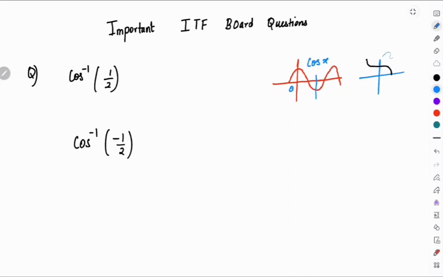Here the y coordinate is pi for -1 as an input, pi by 2 for the input 0, and for the input 1 the output is 0. So you get 1 comma 0.